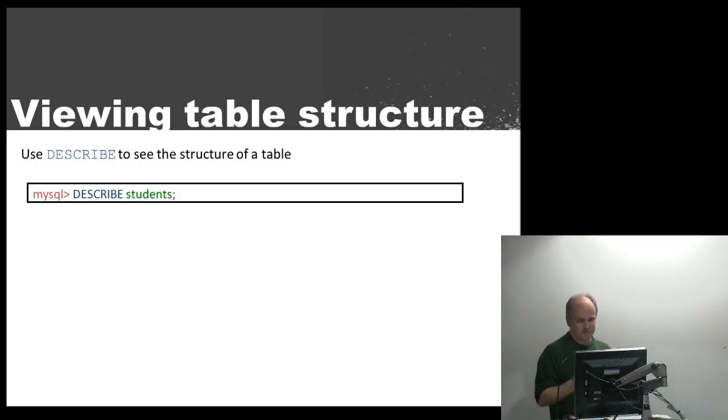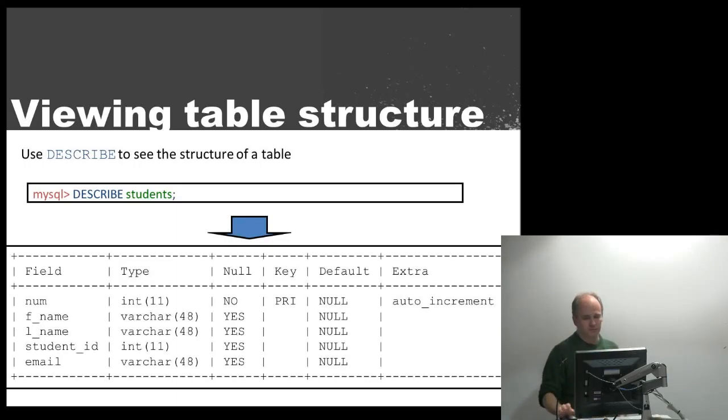Still, as an IT specialist, you can look at the structure of a table. You have the command called describe, name of the table, semicolon, and it's going to tell you what the different fields are, what the types of those fields are, and whether those fields can be null or not.